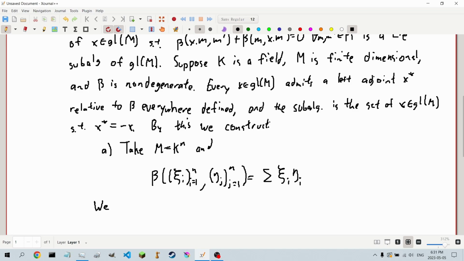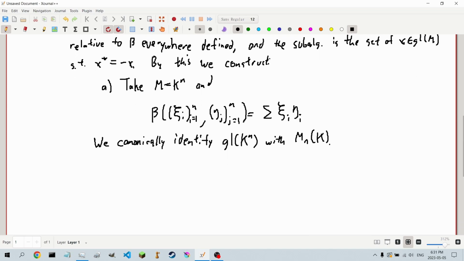And so we canonically identify GL of k to the n with the matrices of k to the n, the n by n matrices over k, I should say.